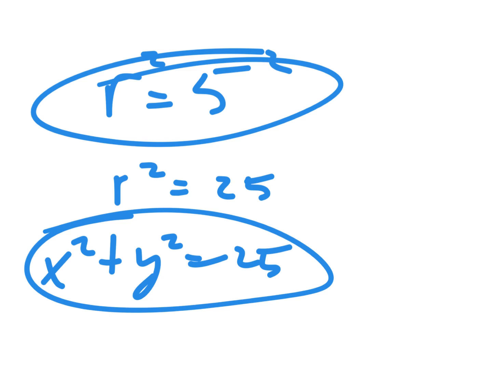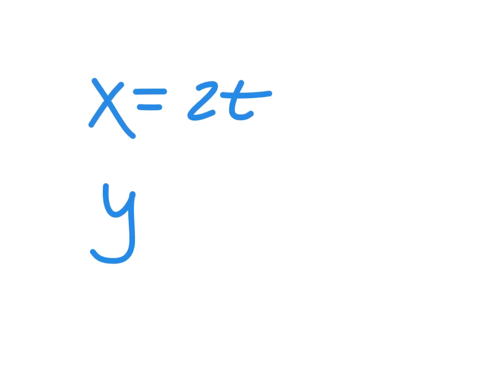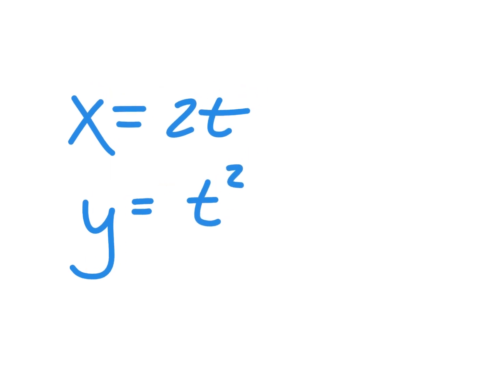We're going to have to understand how we can convert these, which are like x equals 2t. Everybody write this down, please. y equals t squared. If that's a parametric system, it's missing something vital. What's got to be in all the parametric systems?